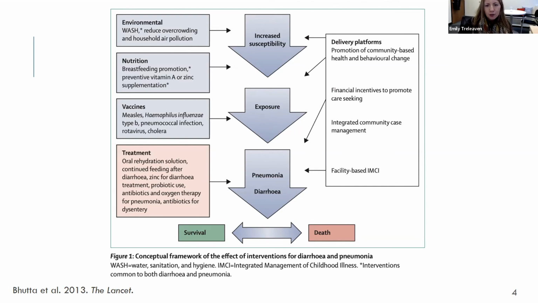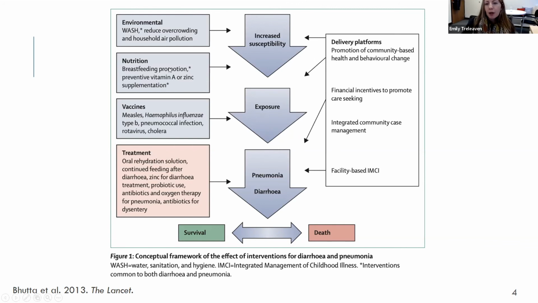So this slide shows a framework for thinking through intervention points to address specifically pneumonia and diarrhea related morbidity and mortality. But I think it's a helpful guide for thinking holistically about proximal and distal points of intervention and of concern and measurement for child health. So starting at the top with the most distal determinants, we can think about disease exposure, air quality, access to clean water and sanitation.